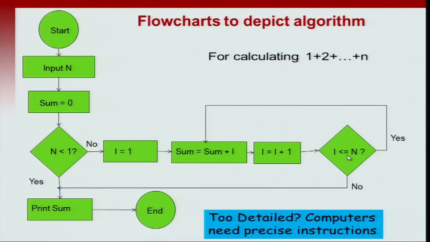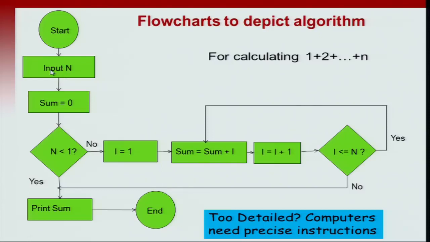So, this is the finite number of instructions that I was talking about. There are certain conventions in drawing flowcharts. The start and the end are often described in circles. Then there are ordinary boxes, and then there are diamonds. I will shortly describe what they mean.